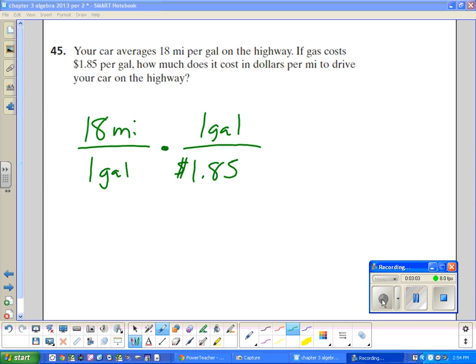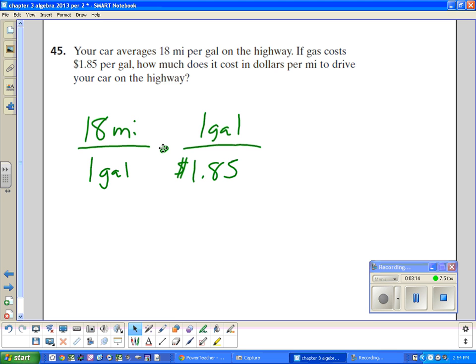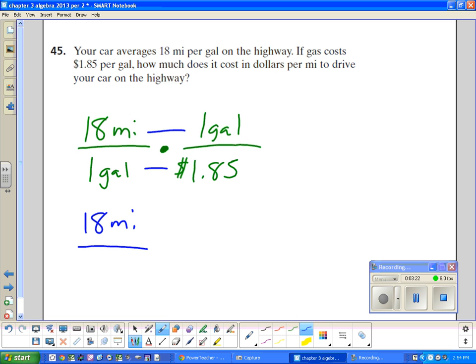So if we look at this, we start with 18 miles per gallon, and then we're going to multiply it by 1 gallon over $1.85. That's going to change it to 18 miles. So we're just going to multiply the top, multiply the bottom over $1.85, and the gallons cancel out.